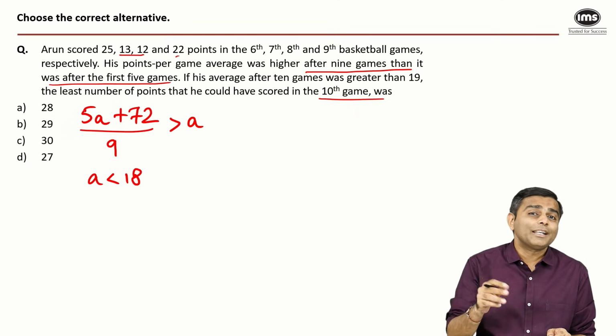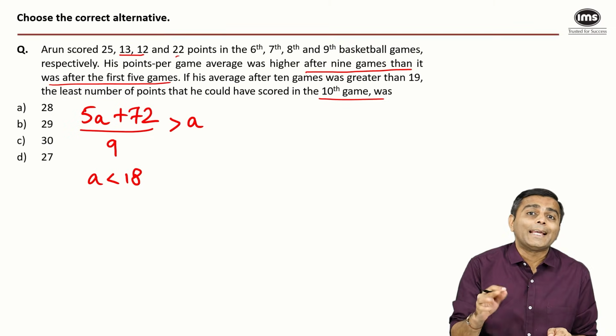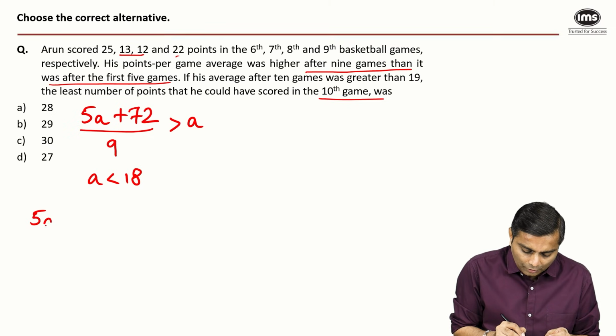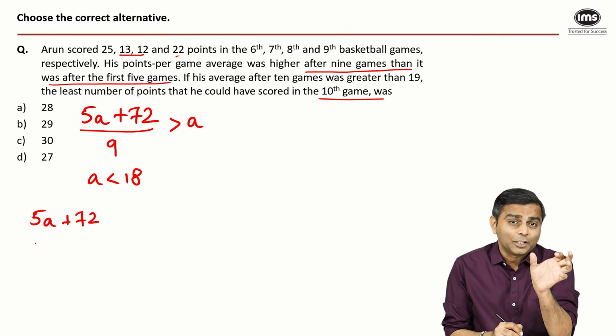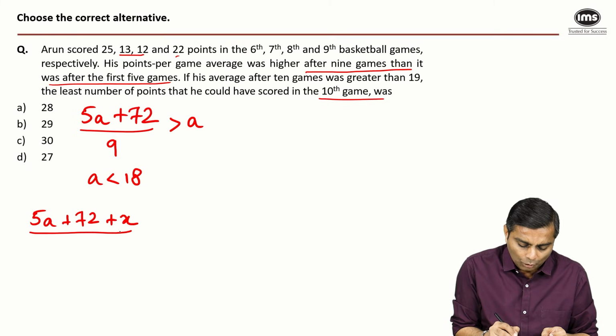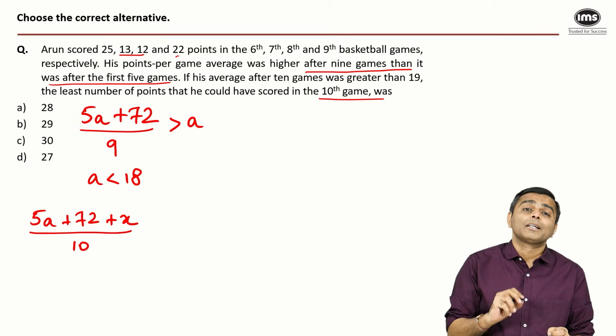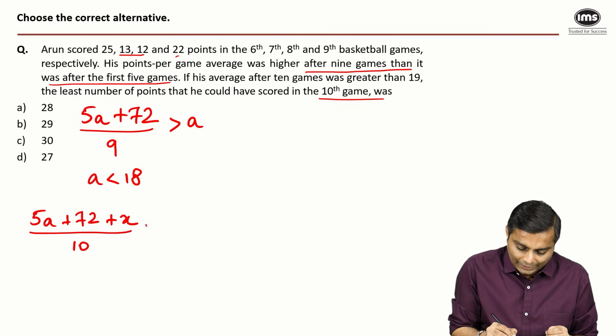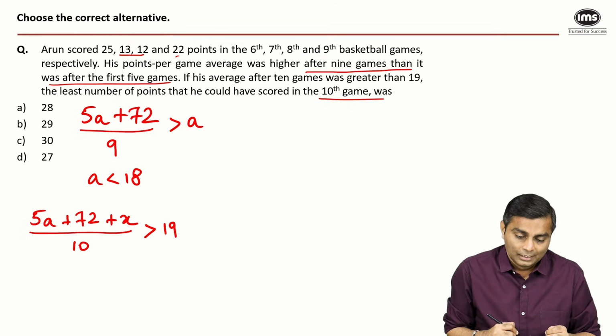Now, let's assume that in the 10th game, that guy scored x points, just for assumption. Which means we will do 5A plus 72. 5A total for the first 5, 72 the next 4, and in the 10th we get x. So, now the average is over 10, correct? They have said after 10 games, the average was greater than 19. So I'm going to write this as greater than 19.